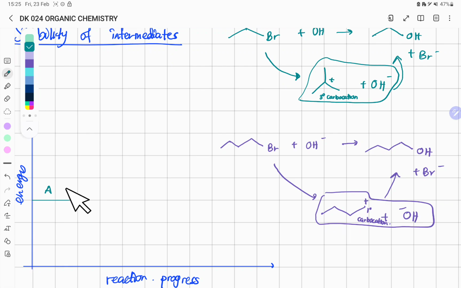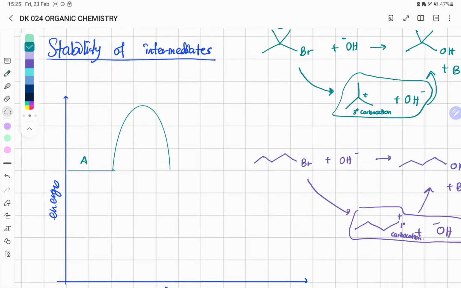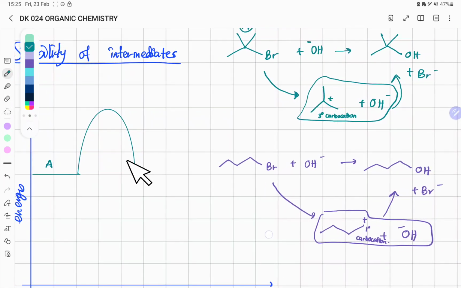We call it activation energy. So we will go up the hill, right? Now, down the hill like that. Let me just move it a bit higher. I'll move it here. Okay. Now, this is its energy and it will become the intermediate. Meaning it will become the product first.